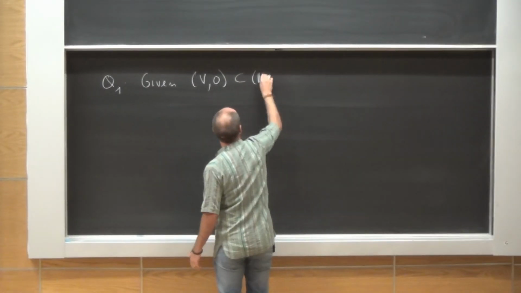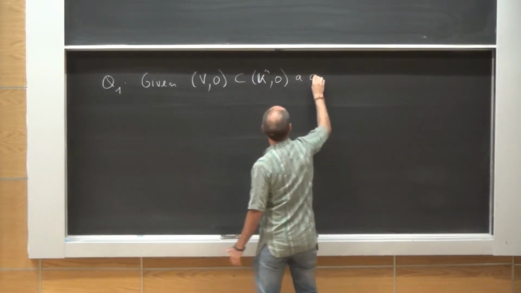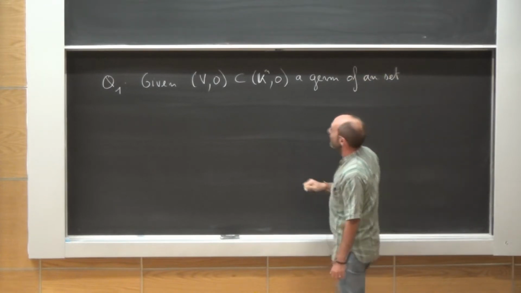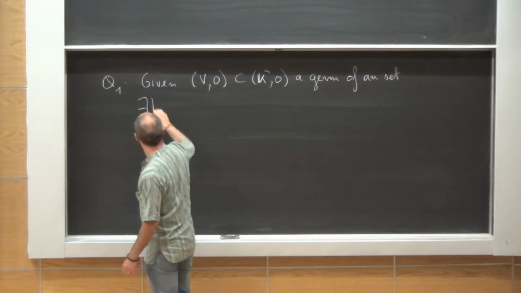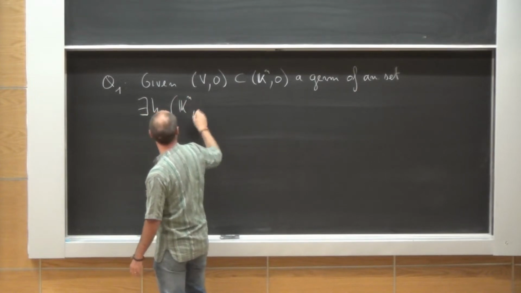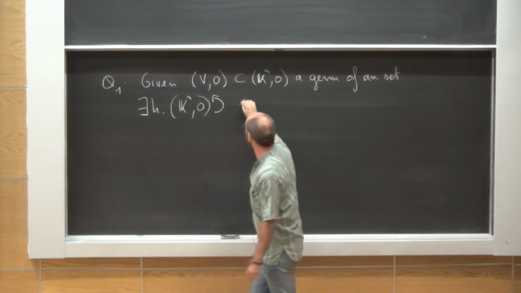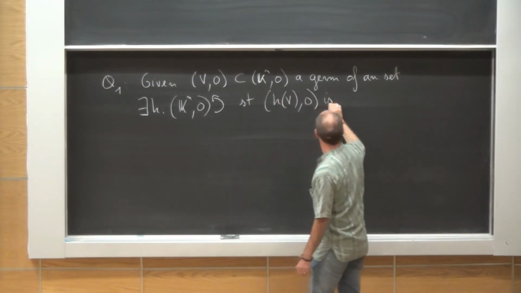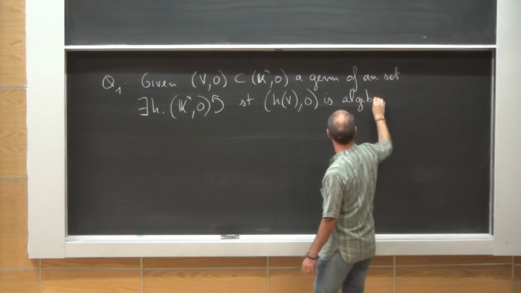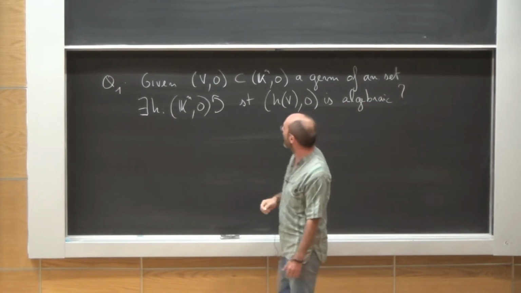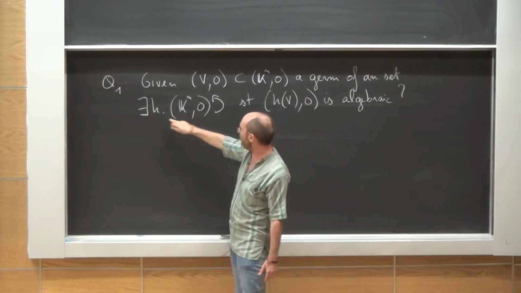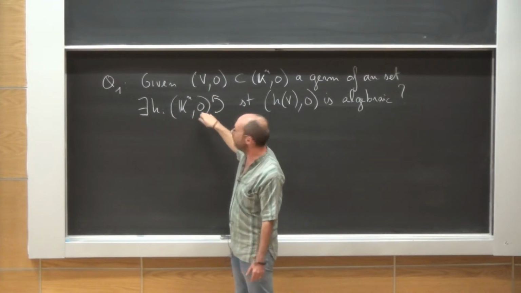So given V0, a germ in K^n at 0, a germ of an analytic set, does there exist H, an isomorphism from K^n into itself, such that H of V0 is algebraic, so defined by polynomials? Here I denote V0 to say that it's a germ at 0. And the map is a germ of isomorphism, meaning that 0 is sent to 0.